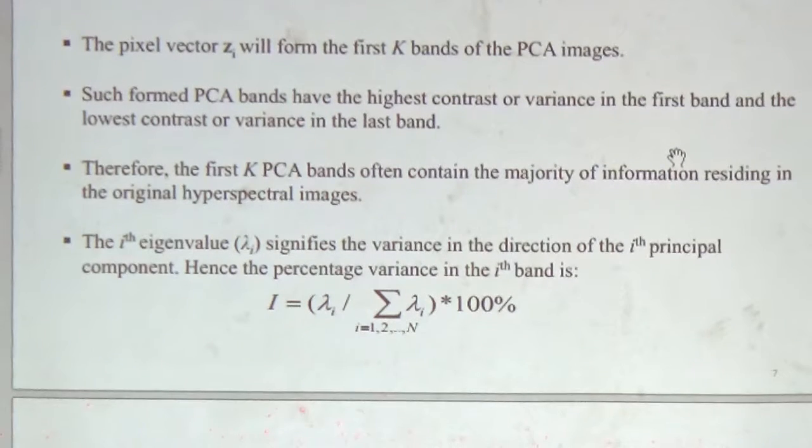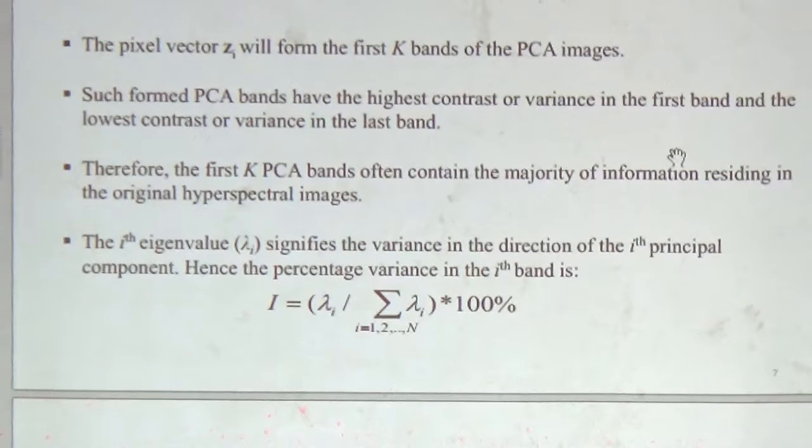I showed you those coordinate transformations in the first slide, and I said that when you do that coordinate transformation, you are actually aligning the coordinate axes to the data itself. That means you are maximizing the variance of the transformed data. So the first PCA band will have the highest contrast or the highest variance, and the lowest contrast will be there in the lowest band.